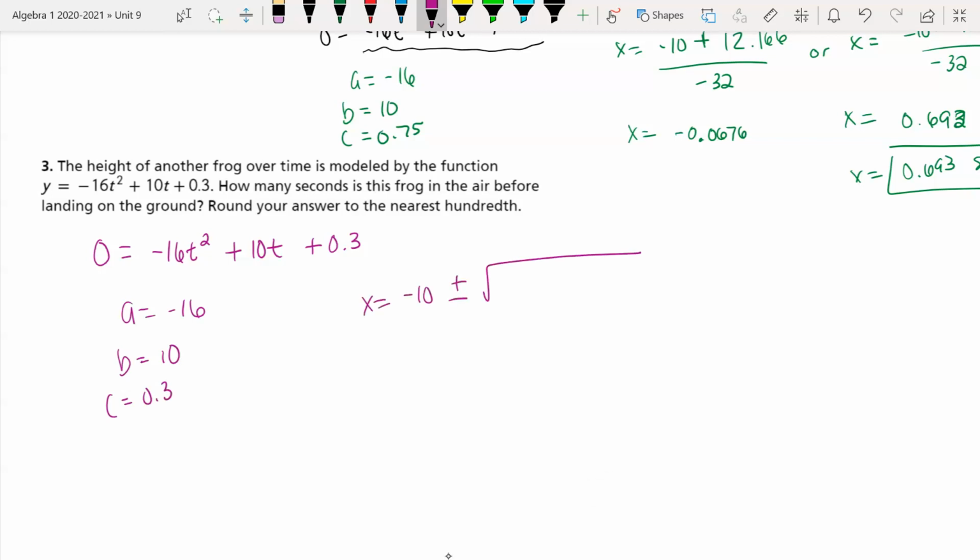So hopefully you said negative 10 plus or minus the square root of 10 squared minus 4 times negative 16 times 0.3, all over 2 times negative 16.